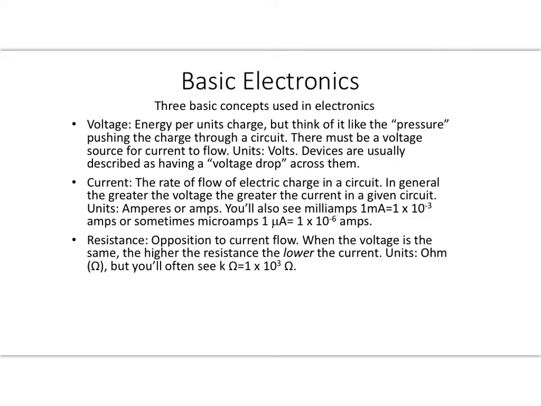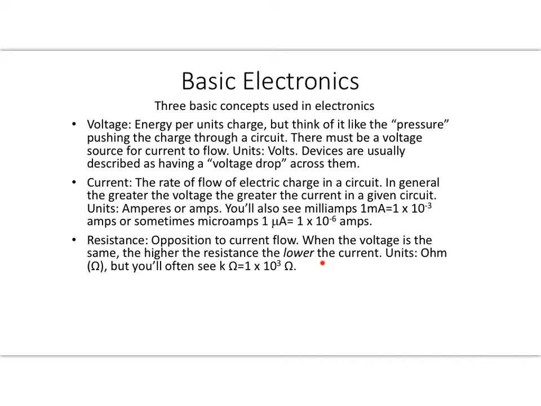negative 6 amps. Okay, so the third one is resistance, and resistance is defined as opposition to the flow of current, and when the voltage is the same, the higher the resistance, the lower the current, which makes sense because resistance is opposition to current.